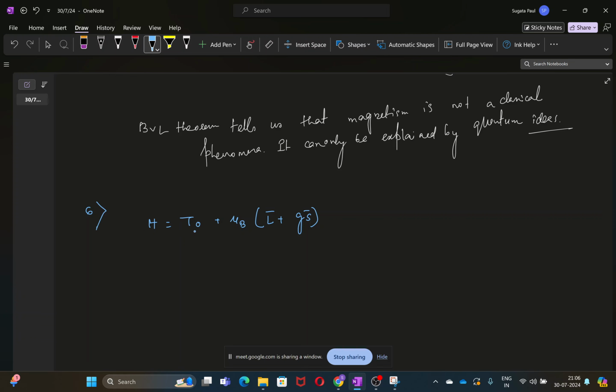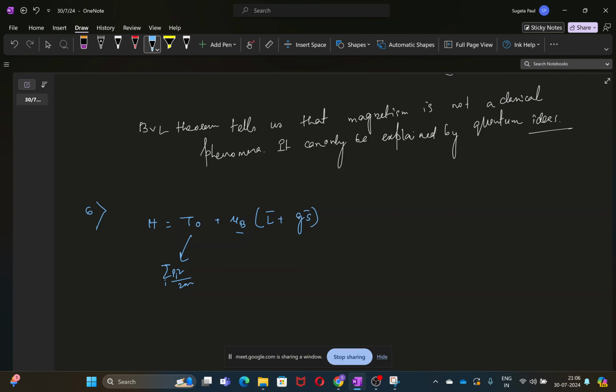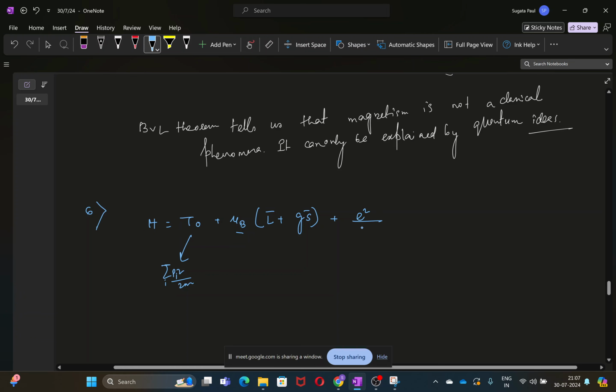T0 is the most conventional contribution to the Hamiltonian, the basic kinetic energy contribution, which is nothing but the sum of pi squared by 2m, where pi is the canonical momentum. L vector is the orbital angular momentum, S vector is the spin angular momentum, and g is the Landé g factor for the system. This is derived by a perturbation theory approach, so you can check and do the derivation by yourself from the lecture itself. So this is x squared plus y squared.